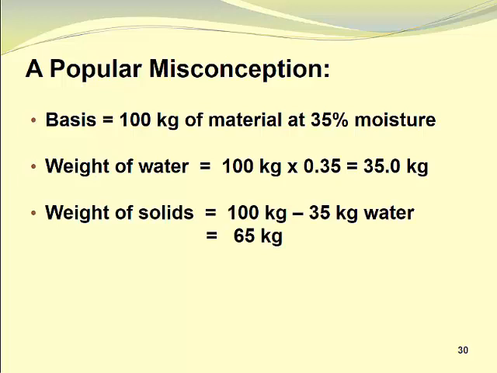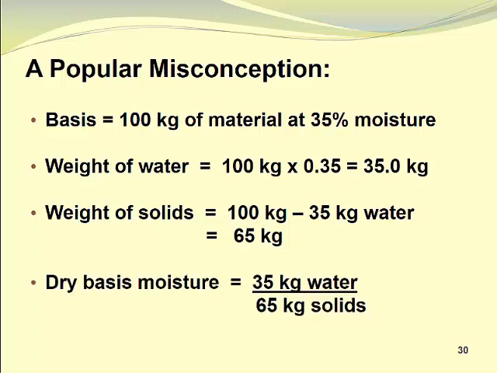The weight of the solids will be 100 kilograms minus the weight of the water, which leaves us with 65 kilograms of solids. The dry basis moisture content will be 35 kilograms of water per 65 kilograms of solids, which gives us 0.54 kilograms of water per kilogram of dry solids.